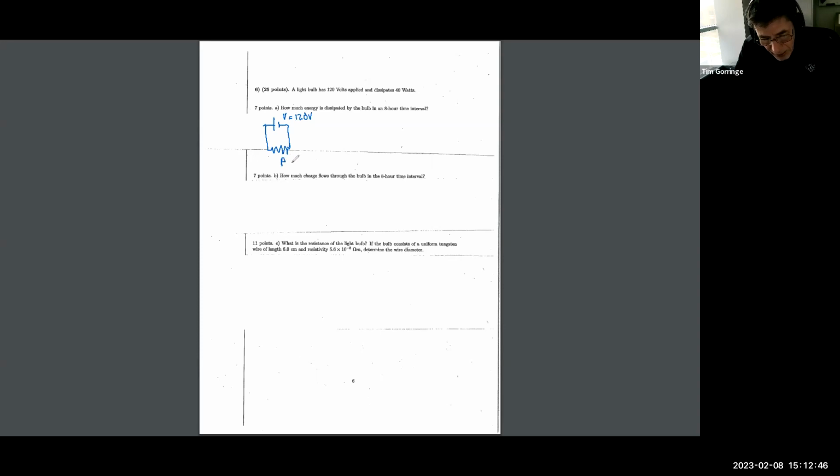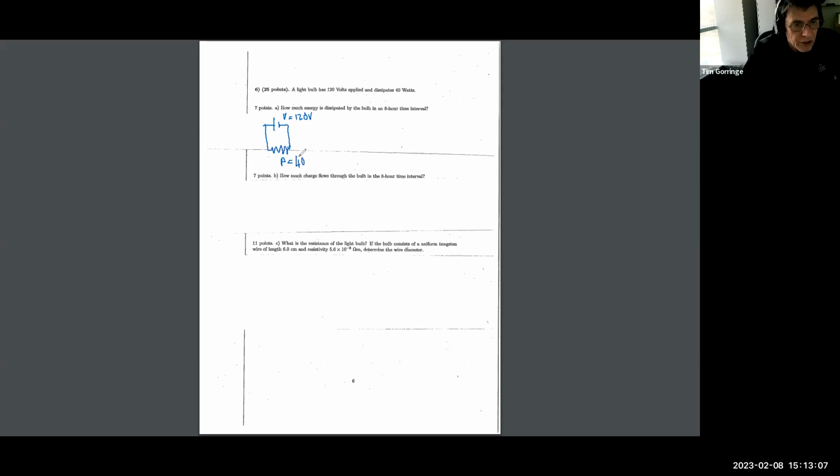And the power dissipated by the light bulb is 40 watts. Then we're going to answer several questions about this basic circuit.